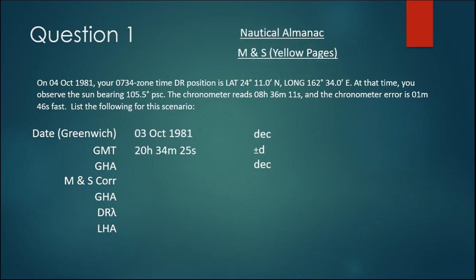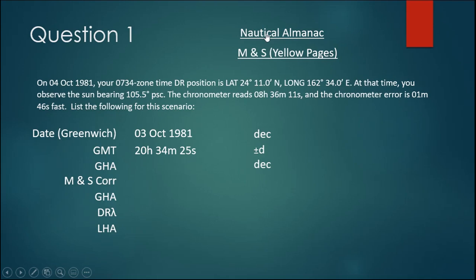We get our date and Greenwich Mean Time from the previous problem, previous exercise. If you're not sure how we got that, go back and do lesson 6A and lesson 6B, and you'll understand where those two things come from. Now the Greenwich hour angle here, we're going to get that from the daily pages of the Nautical Almanac.